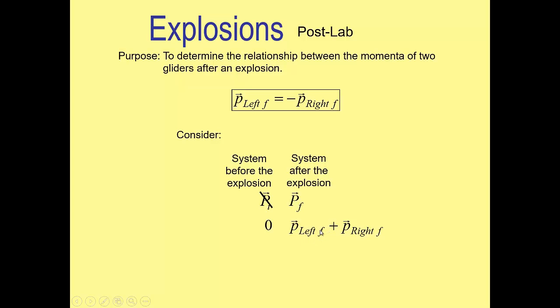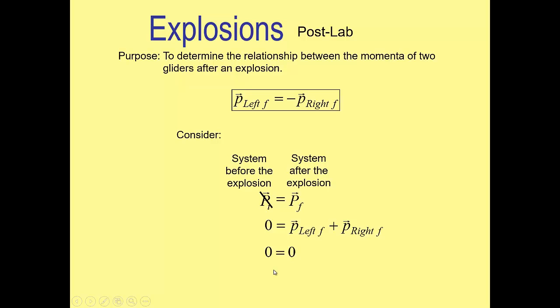But we just found out that what's true about the momenta of the two gliders after the explosion is that those momenta are equal in size, but opposite in direction. Well, when you sum up two things that are equal in size but opposite in direction, what do you get? You get 0.